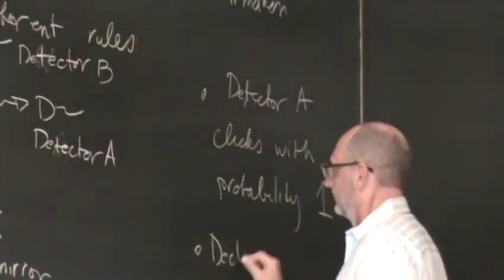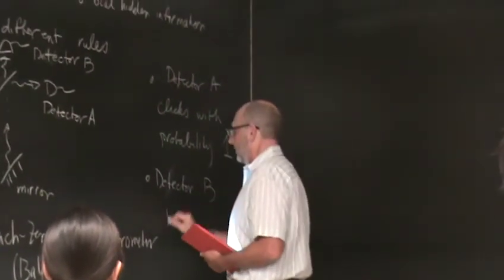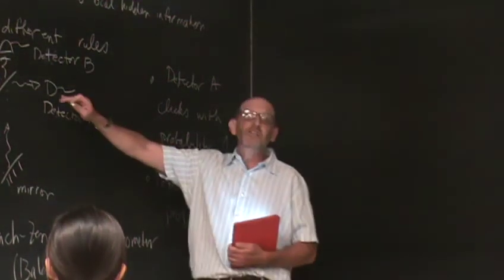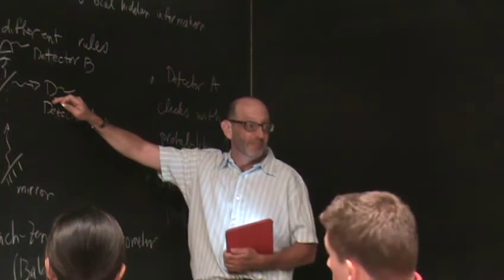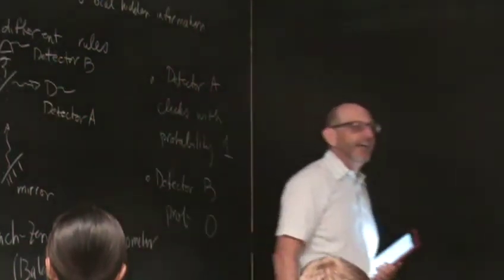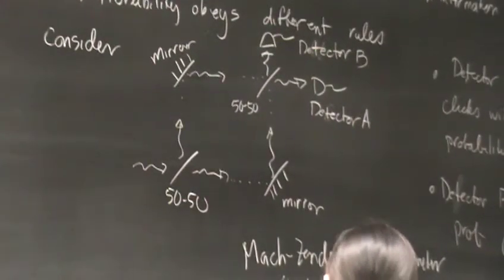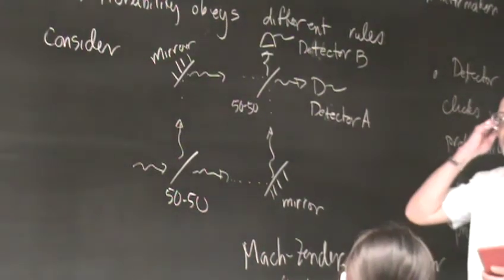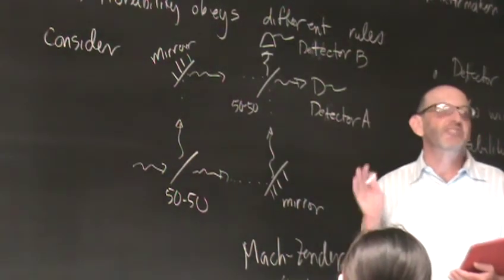Detector B, probability 0. Detector A always goes click, every single time. B never receives a photon. How in the world is that possible? What this shows us is that the laws of quantum mechanics defy the laws of logic.